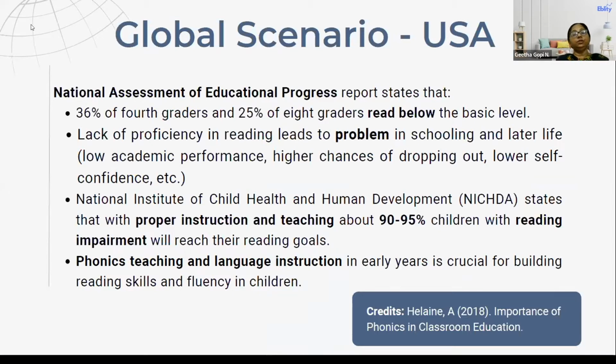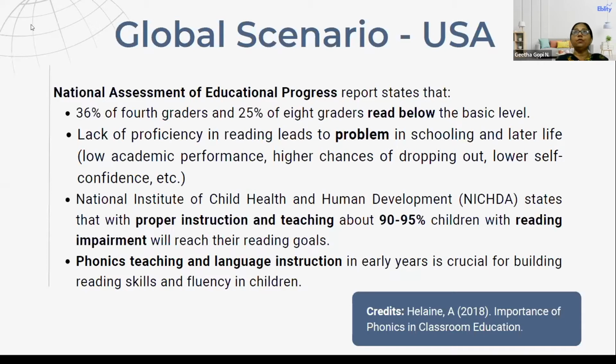The National Institute for Child Health and Human Development also states that, despite a high percentage of children reading below grade level requirements, 90 to 95% of children who have reading difficulties can still reach reasonably good reading goals as per grade level with the right kind of instruction and teaching.